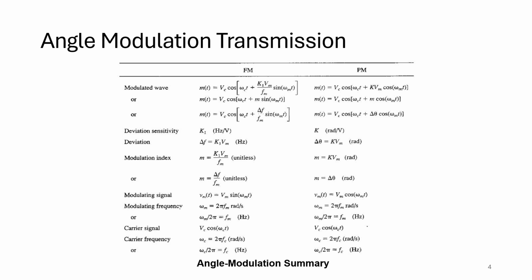The modulating signal is also different, so we have sine and cosine, because they are somewhat the integral or first derivative of each other. We have the modulating frequency, although they can have the same modulating frequency. They have the same carrier signal or carrier frequency.